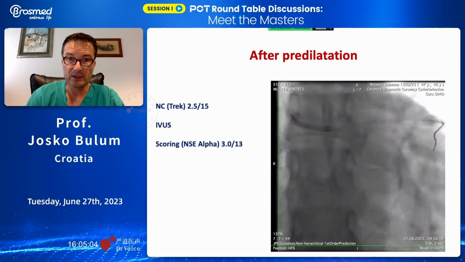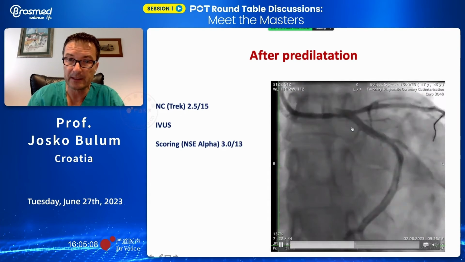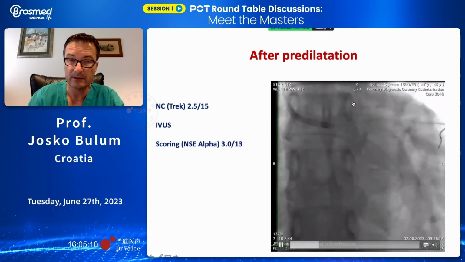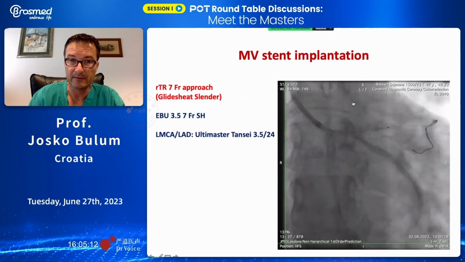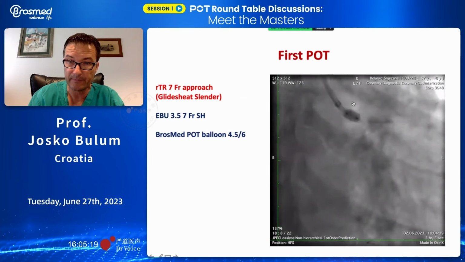So in this patient, we also used the scoring balloon NC Alpha 3.0 to prepare the ostial LAD lesion. Then we did the IVUS, and following the IVUS findings, we decided to implant an Ultimaster Tansei 3.5/24 drug-eluting stent.